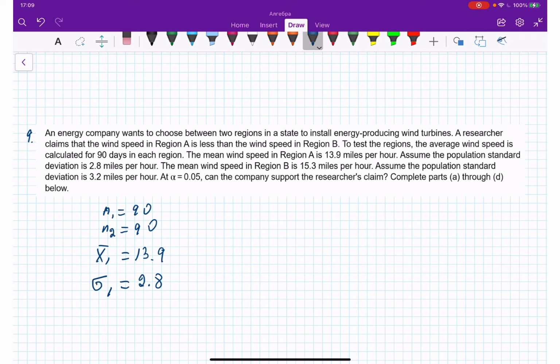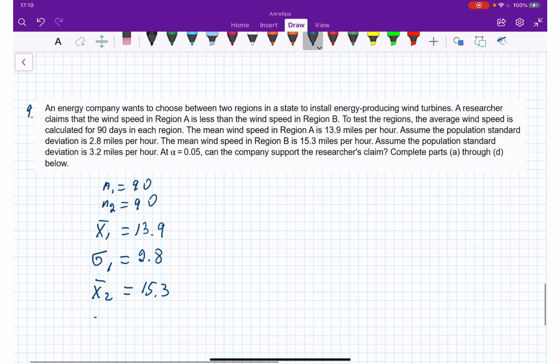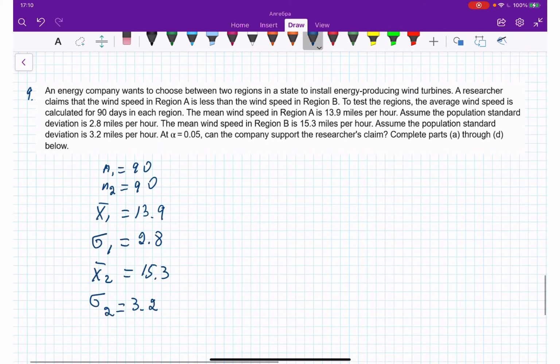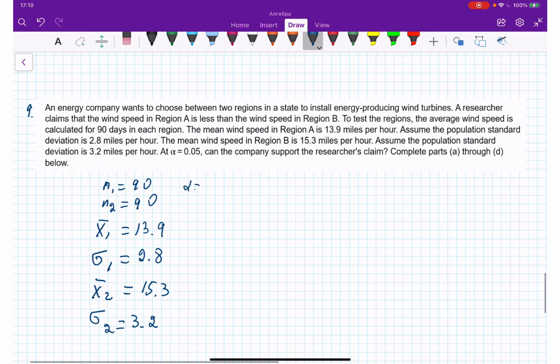The mean wind speed for region B, x2 bar, is equal to 15.3 miles. Assume the population standard deviation, sigma 2, is 3.2 miles. At alpha significance level 0.05, can the company support the researcher's claim?